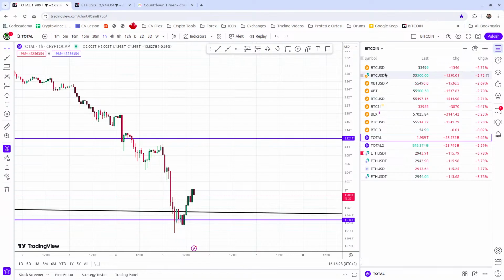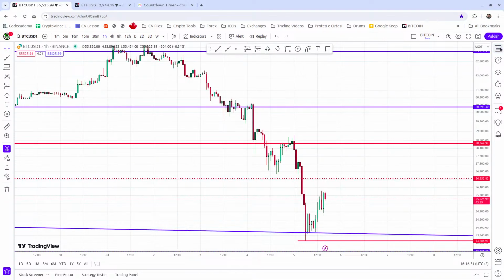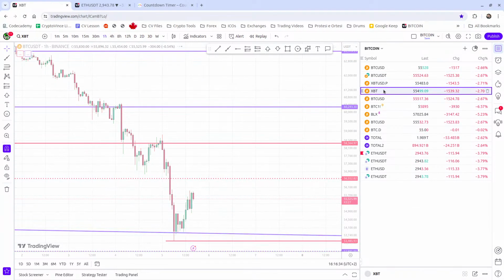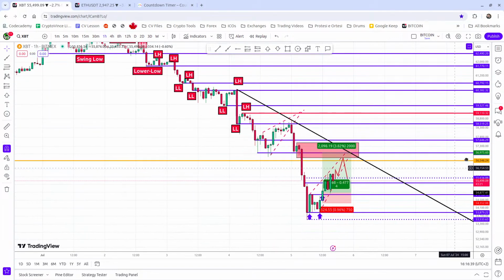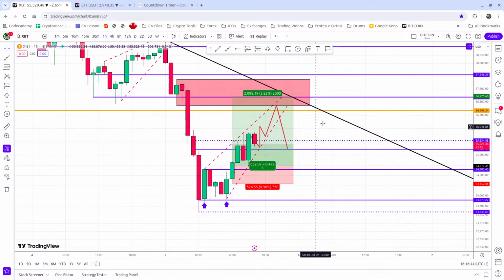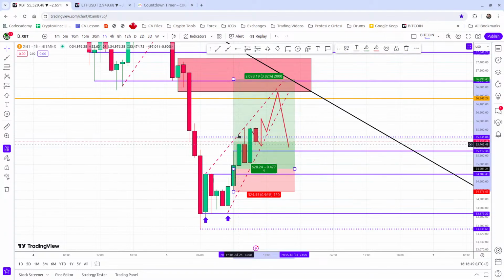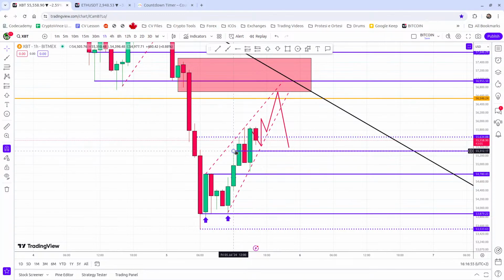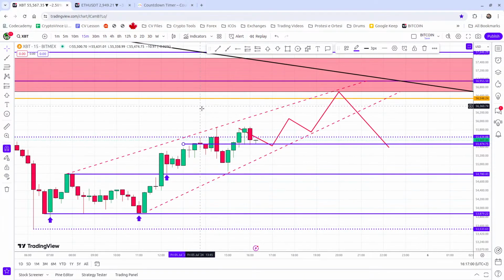Last look at Bitcoin. On the hour, wait, I have this one. So it's kind of making higher highs and higher lows. Well, let me remove this right there. Let's go check in the 50 minutes.